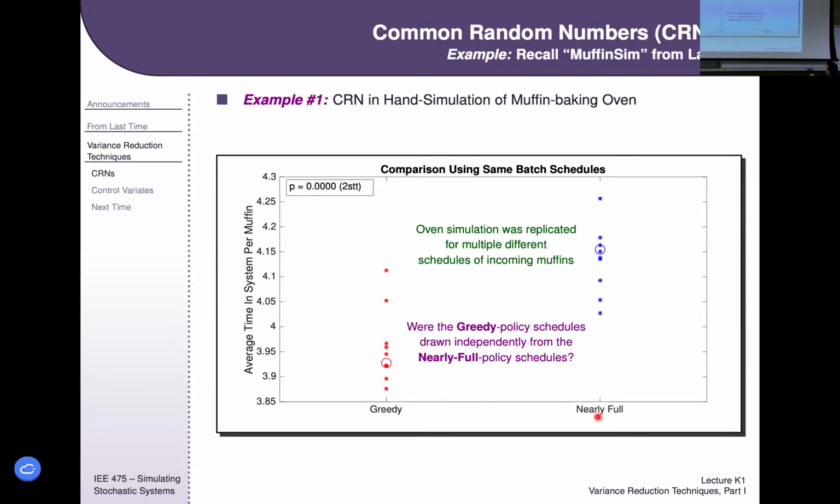And then each dot here, if your ASU ID ended in a 0, you might have gotten this for greedy and this for nearly full. So every policy was replicated on the same set of customers, and then we used multiple sets of customers, and then we could connect them together.